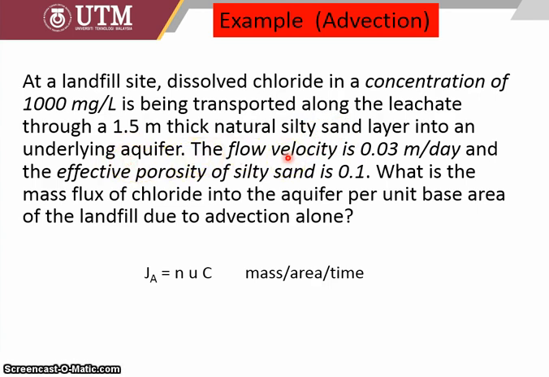The flow velocity is u equal to 0.03 meter per day, and n is 0.1. What is the mass flux for the chloride due to advection alone? Just a simple solution: 1000 times 0.03 times 0.1. We get the answer 3 gram per day per meter. So this is the mass flux for this advection activity.